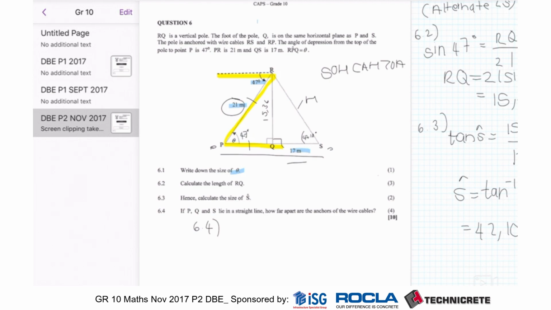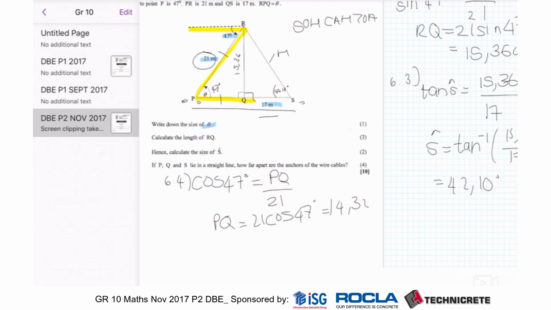I'm wanting to find PQ, so I'm going to use cos of my angle. So cos 47 is equal to PQ over 21. PQ is equal to 21 cos 47. Put that into your calculators. 21 cos 47 is 14.32.